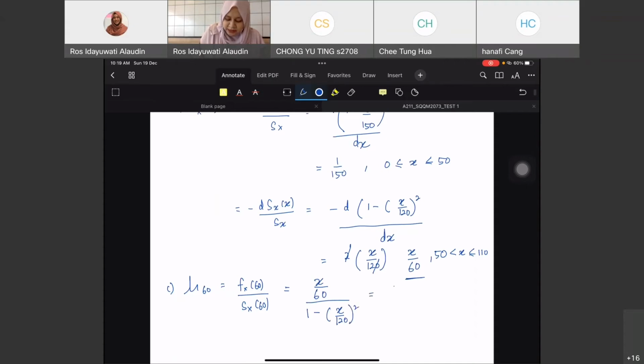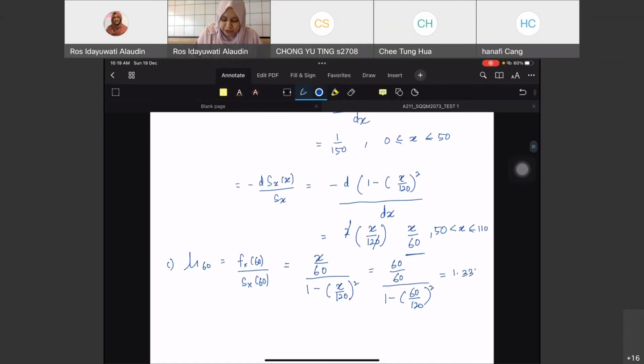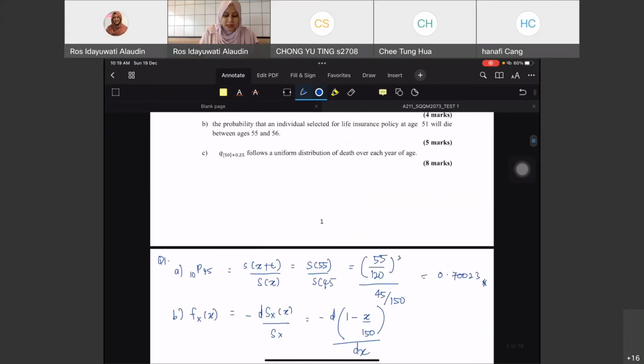So we plug in the age inside, and we will get 1.333. So force of mortality is not a probability, so the answer can be greater than 1. Okay, settle for question 1.